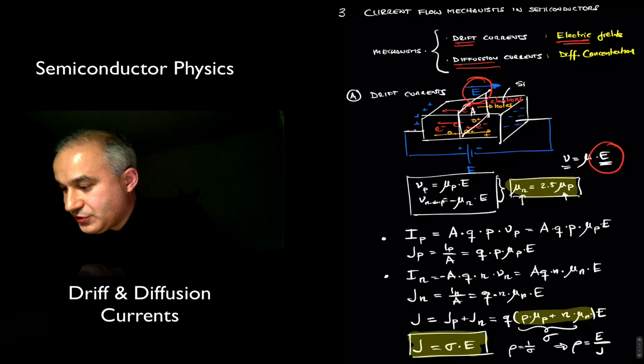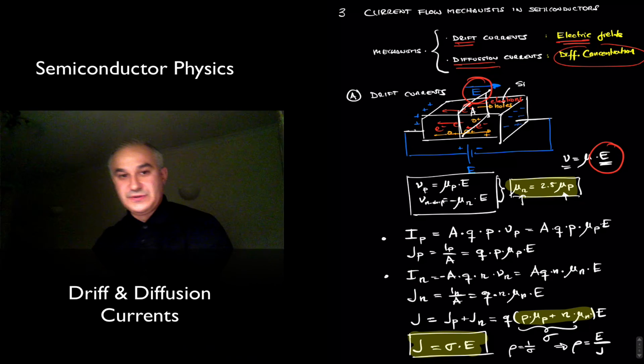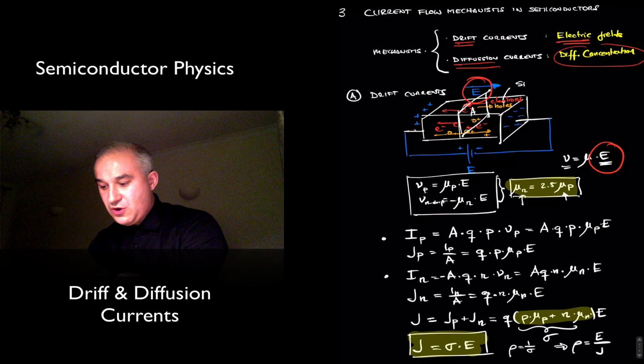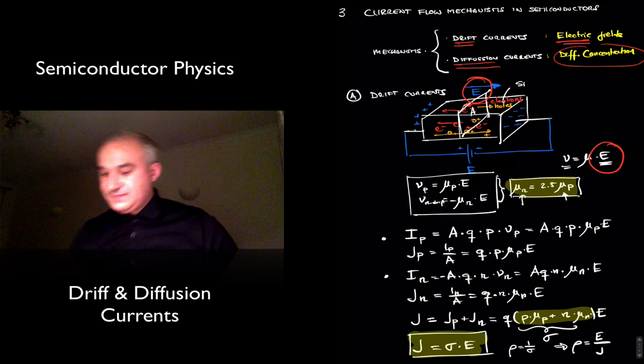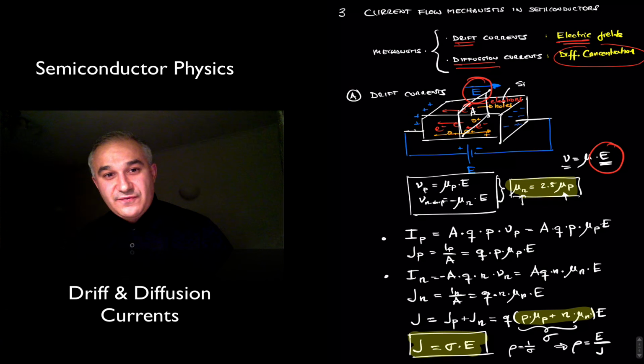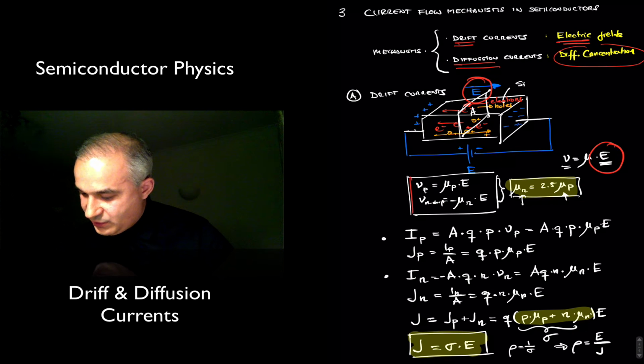Those will be diffusion currents, differences in concentration. In the case of currents due to electric fields, we have an equation for how fast those carriers of charge are going to move. Here we have it.